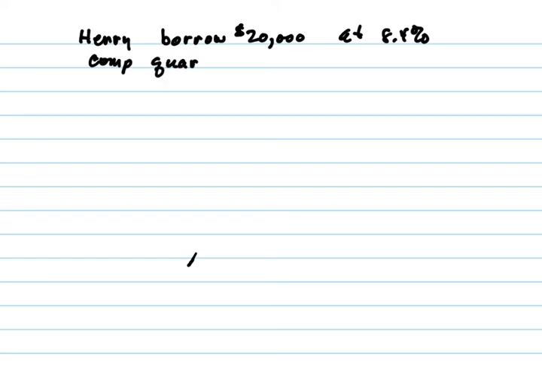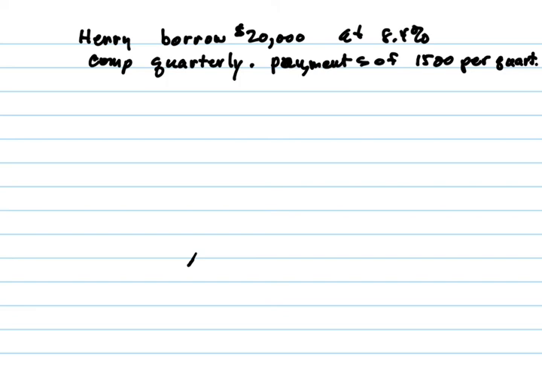Henry's going to borrow $20,000 at 8.4% compounded quarterly. And he's going to make payments of $1,500 per quarter. Now, I've abbreviated a bit, but it's got you everything you need to know.